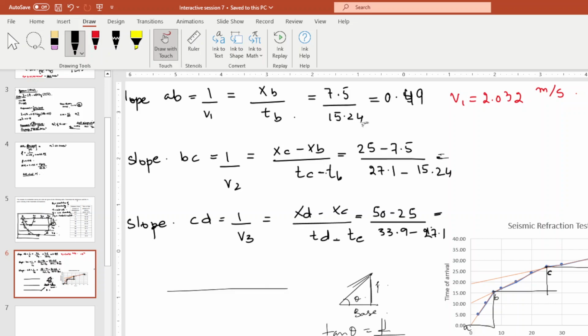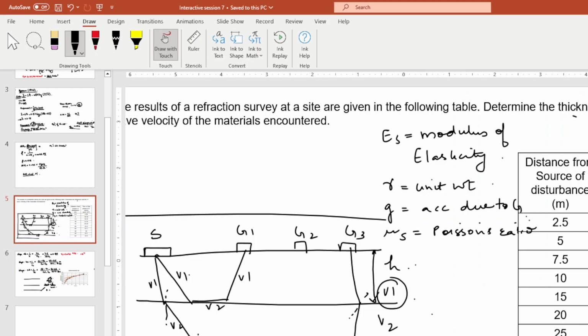See how you have to see that. 15 is here and 20 is here. I understood what you are saying. Let me show you.